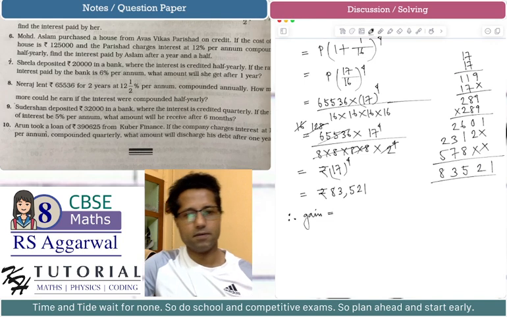So therefore gain, not gain actually, but Neeraj will earn more.